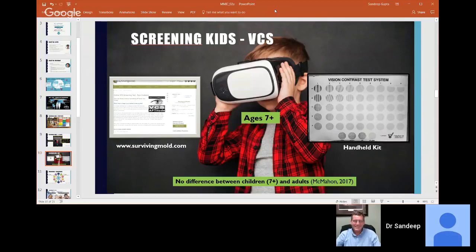No, this is just a stock photo, but generally with VCS testing, or visual contrast testing in children, we still use either the online screening test, which is on the left-hand side of this slide, at survivingmold.com, which usually costs about $20 if you just sign up and create an account.